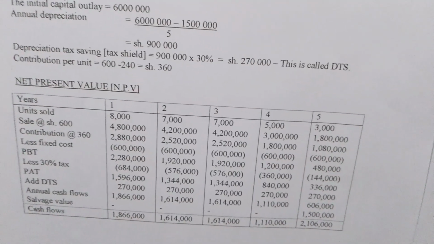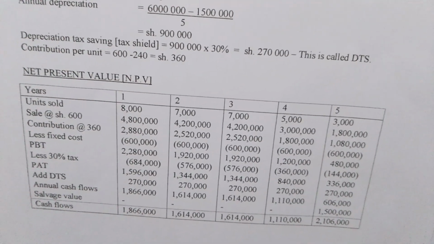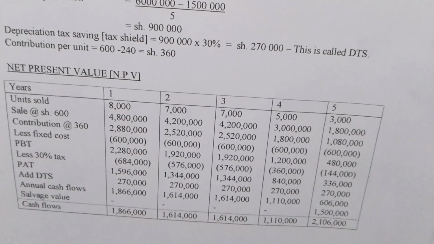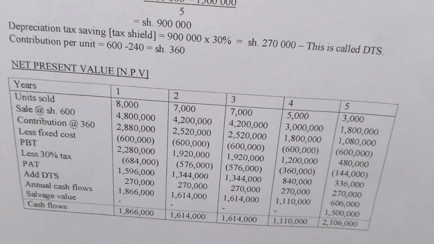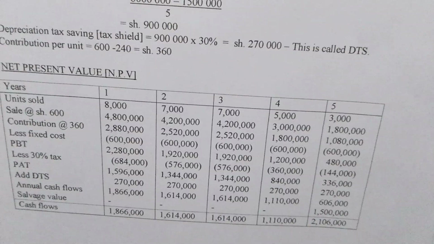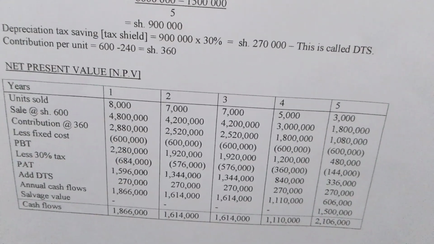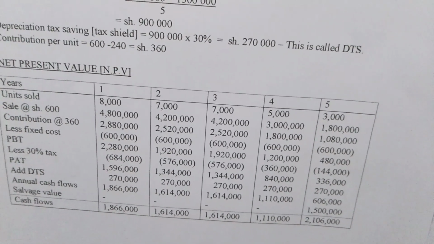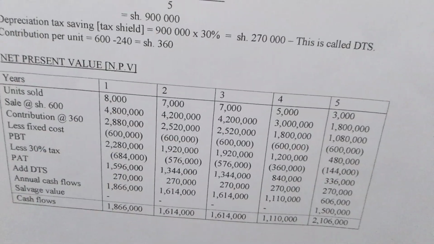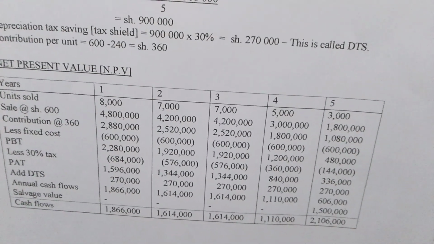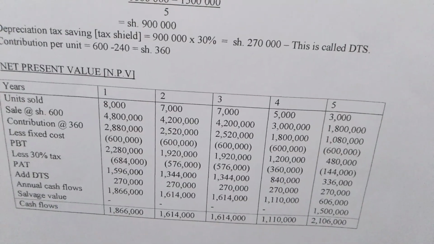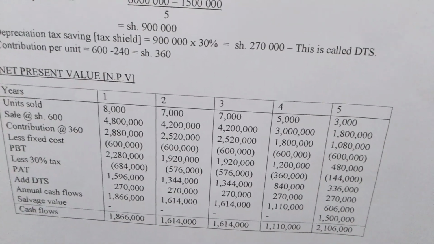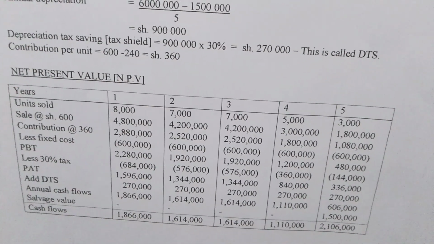The profit after tax now, we add back DTS, the depreciable tax shield, because these cash flows, that is depreciation, does not involve actual cash movement, and therefore most of the times, or it is a normal practice as far as finance is concerned, whenever we are dealing with depreciation, we add back depreciation equally.